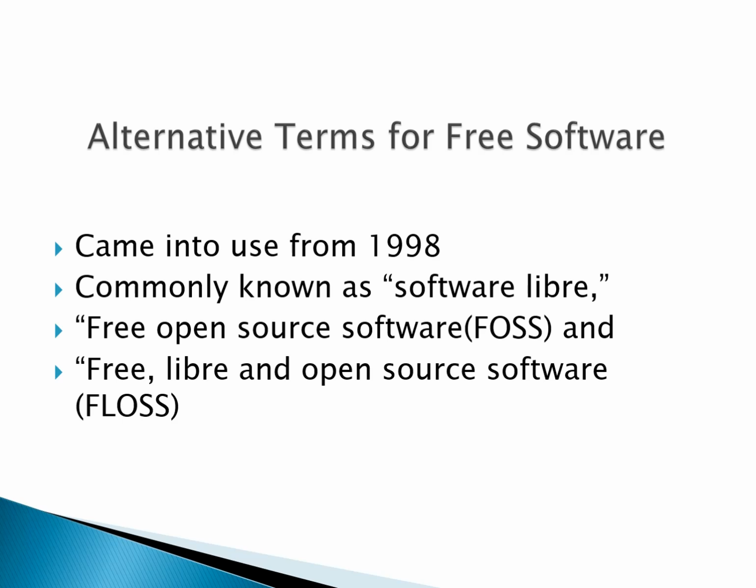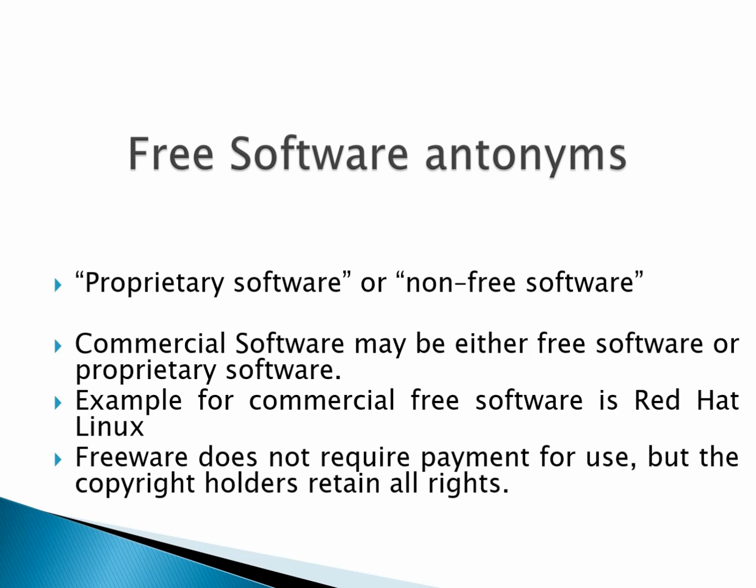There are some other softwares than free softwares, which are called proprietary softwares or non-free softwares. Proprietary softwares are very often commercial softwares, and we have a contrastive relationship between free softwares and proprietary softwares.